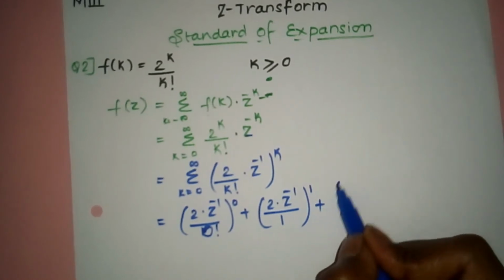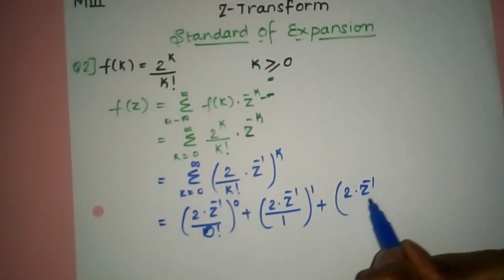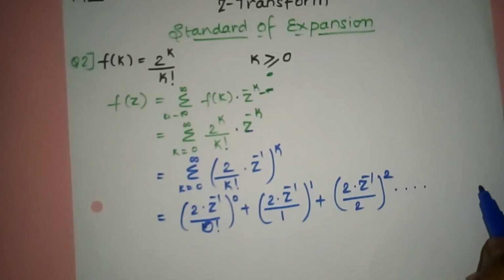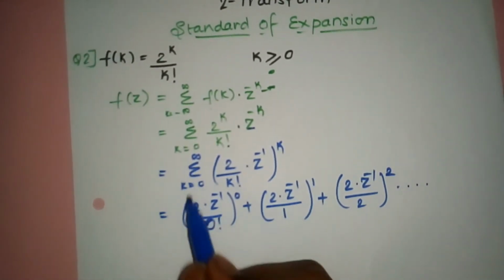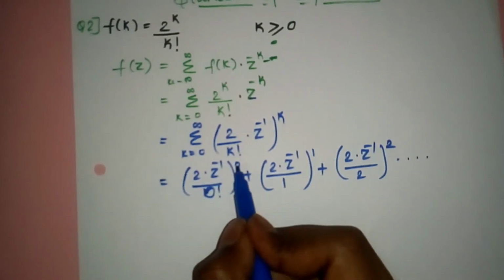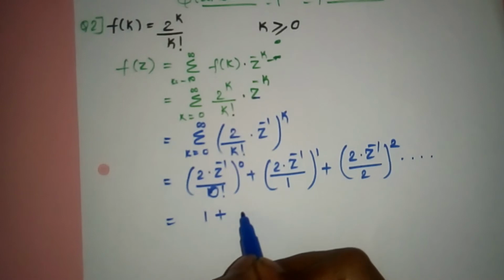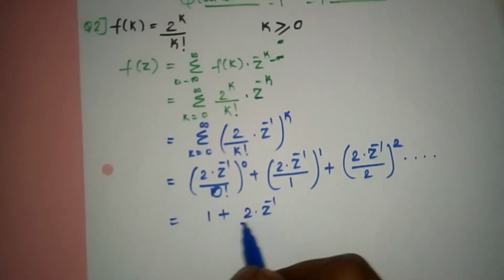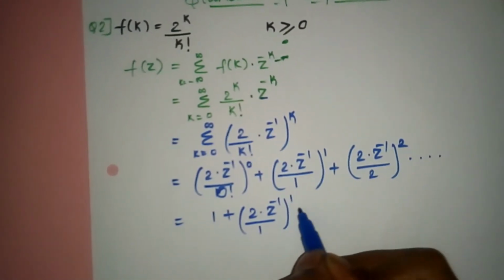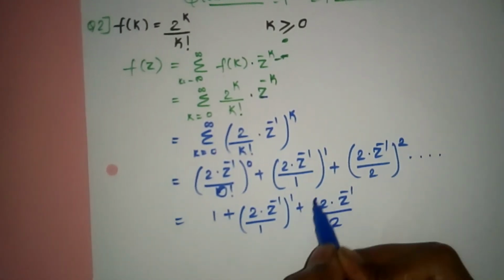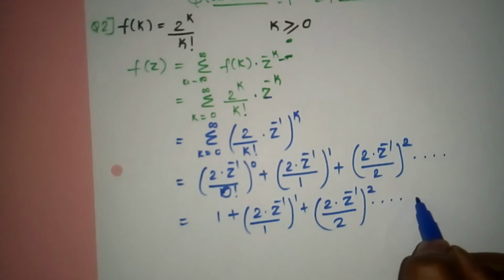So like that, 2 into z inverse upon 2 raised to 2, up to infinity, because k is equal to 0 to infinity. Now anything raised to 0 will become 1, therefore this will become 1 plus 2 into z inverse upon 1 raised to 1 plus 2 into z inverse upon 2 raised to 2, and so on.